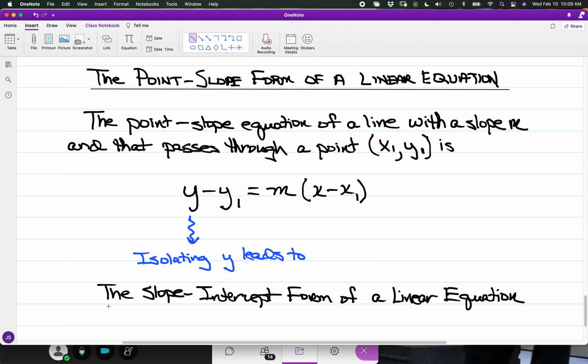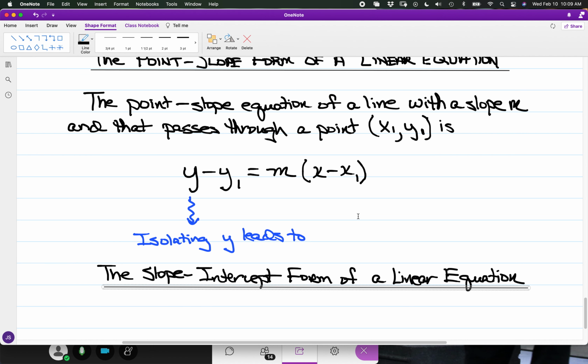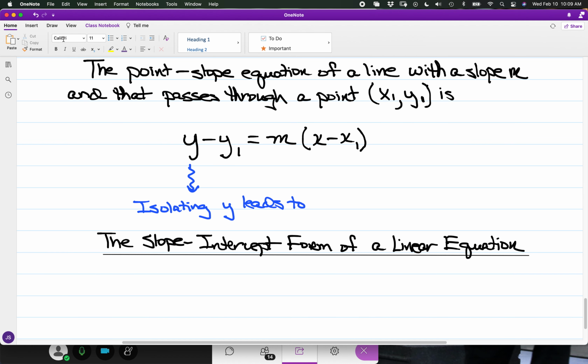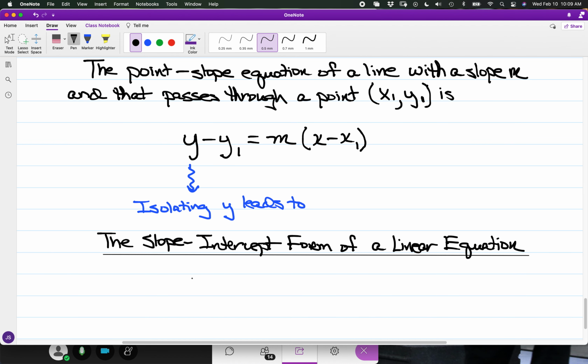There'll be a little change in the variables, but from this we're going to have y isolated. Symbolically, the slope-intercept form of a linear equation comes out to y is equal to mx plus b. So m is still going to be the slope, and b is just going to be regarded as the y-coordinate of the y-intercept. So whenever you hear slope-intercept, slope is in reference to m, whatever is next to x. Intercept, we're looking at the y-intercept.